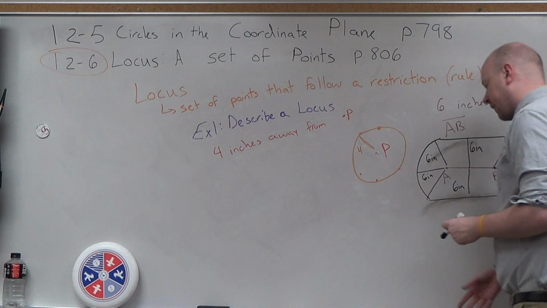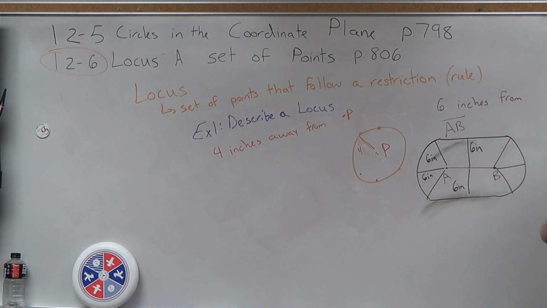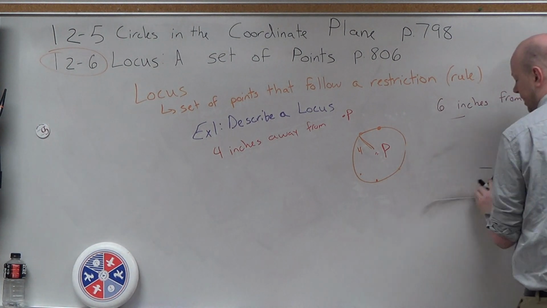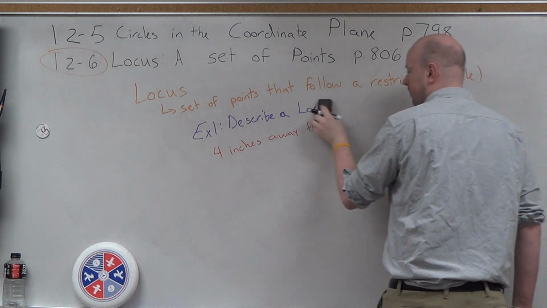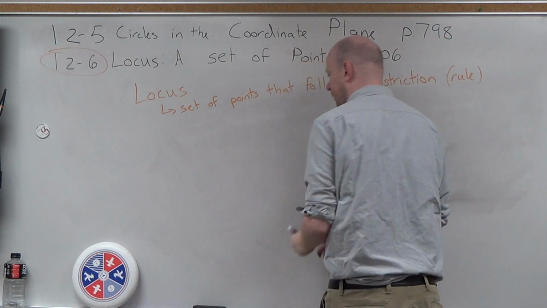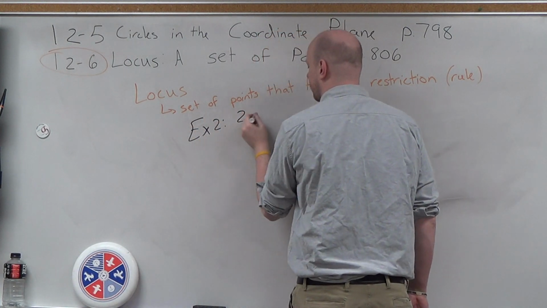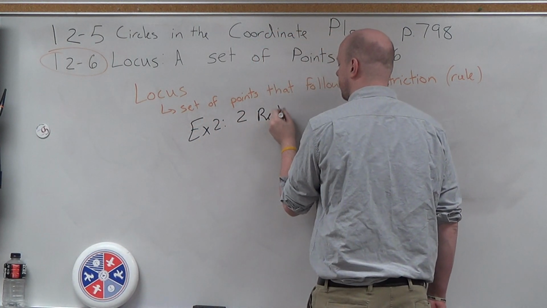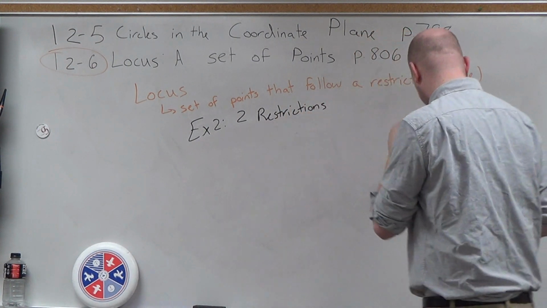Now, those are locus that follow one restriction. We technically can have a locus that follows multiple. So, example 2. Two restrictions. Okay.